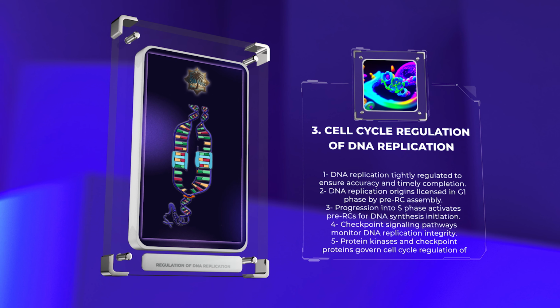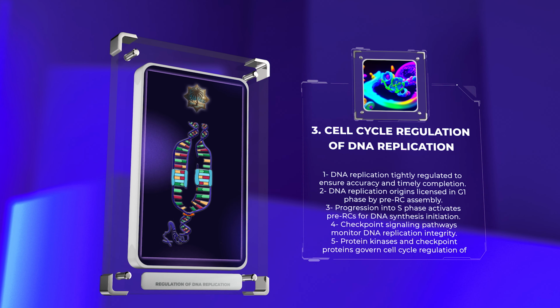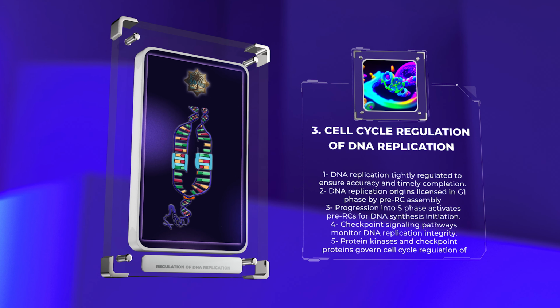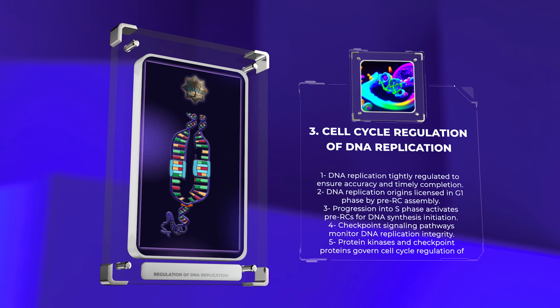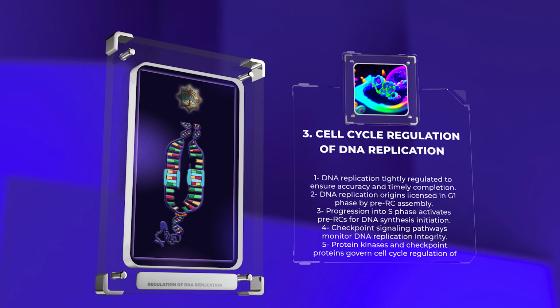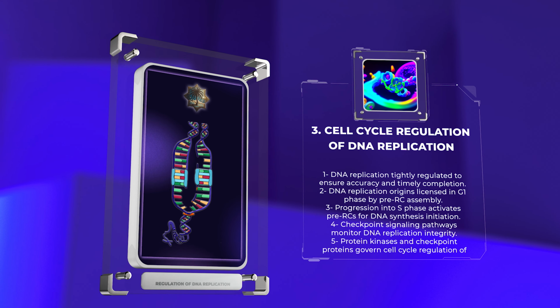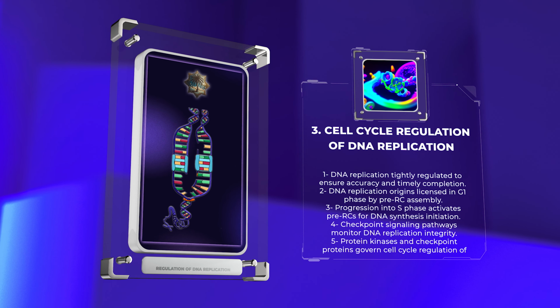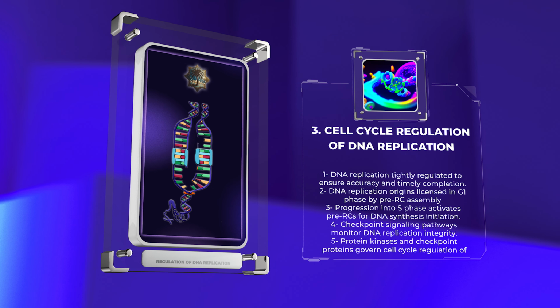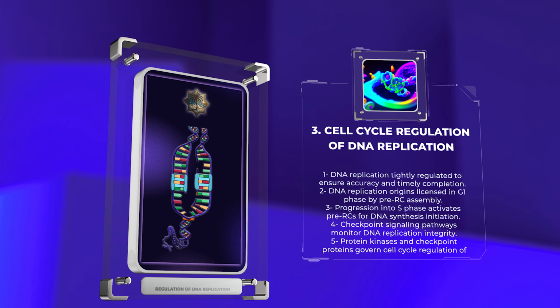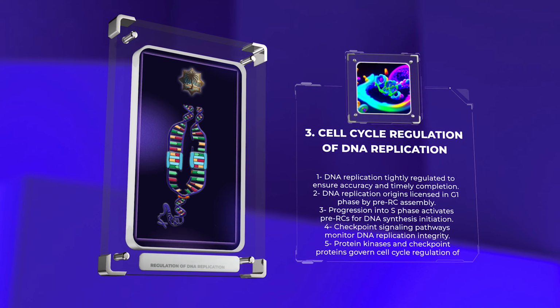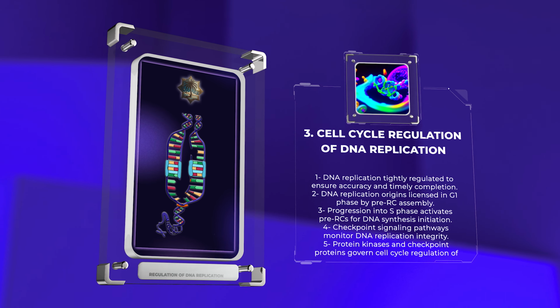Checkpoint signaling pathways monitor the integrity of DNA replication and coordinate the cell cycle progression accordingly. These checkpoints ensure that DNA replication is completed before the cell enters mitosis and prevent the accumulation of genomic abnormalities. Complex networks of protein kinases, such as cyclin-dependent kinases, CDKs, and checkpoint proteins, such as ATM and ATR, govern the cell cycle regulation of DNA replication.